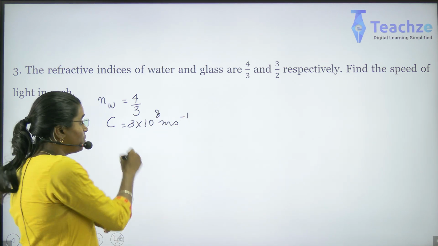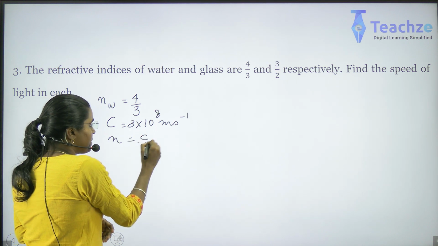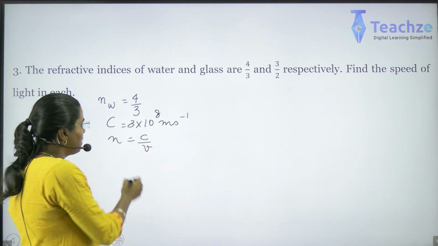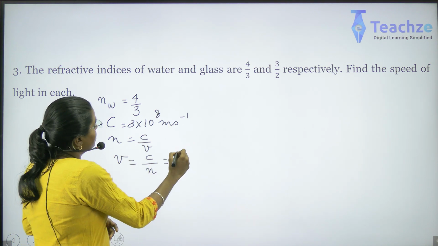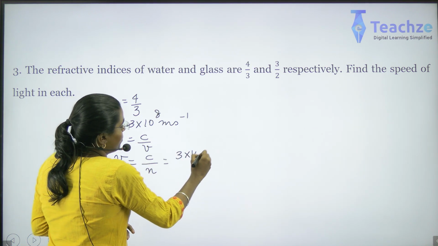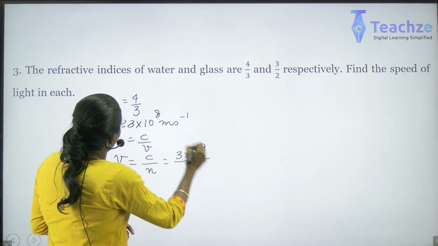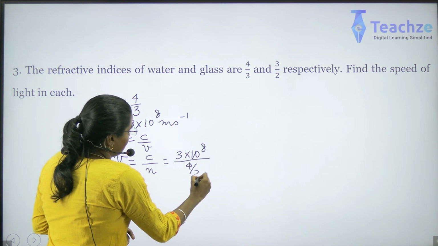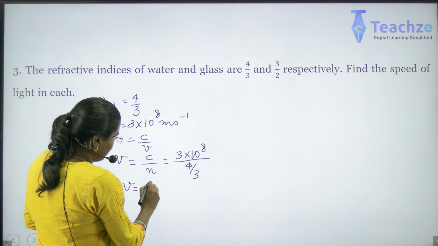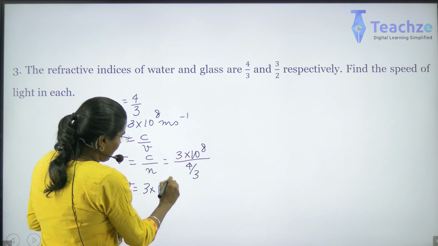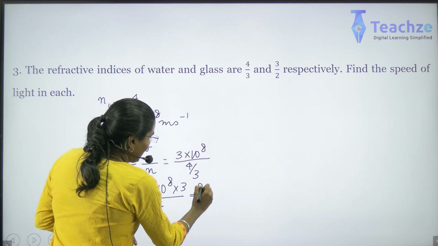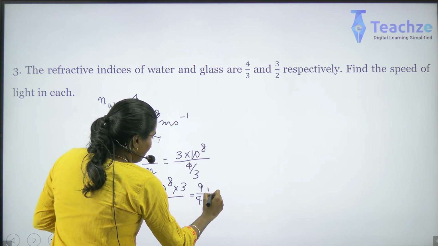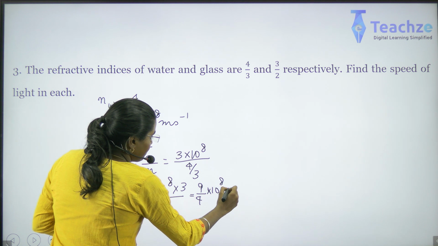So N is equal to C by V. We want V, which is C by N. So it will be 3 into 10 power 8 divided by 4 by 3. V is equal to 3 into 10 power 8 into 3 by 4, which is 9 by 4 into 10 power 8 meter per second.